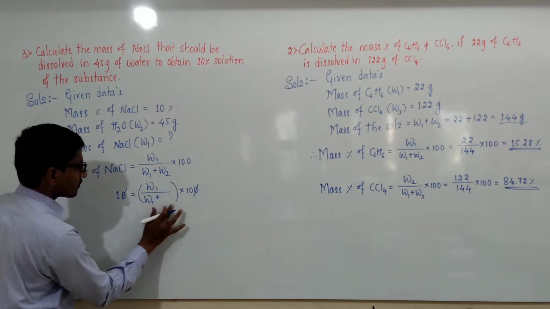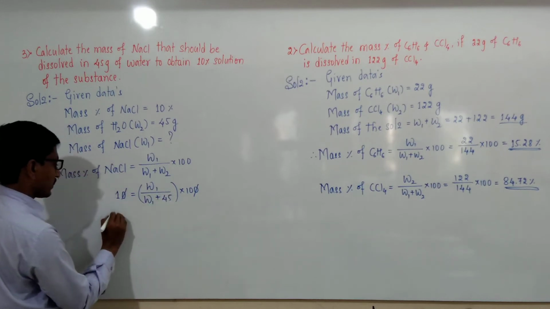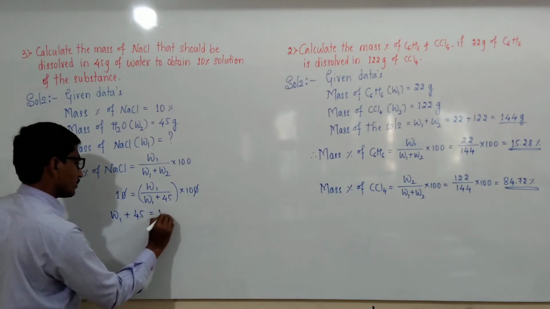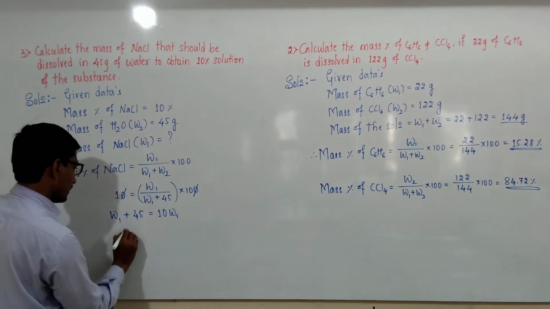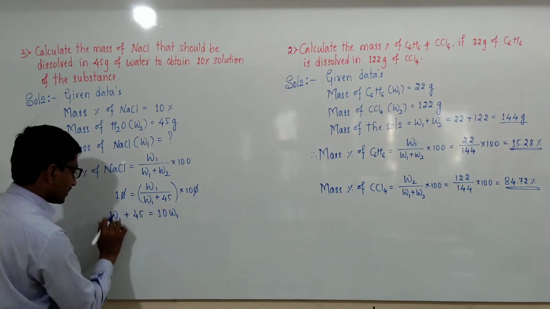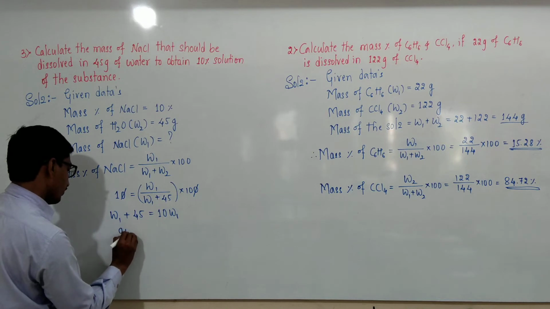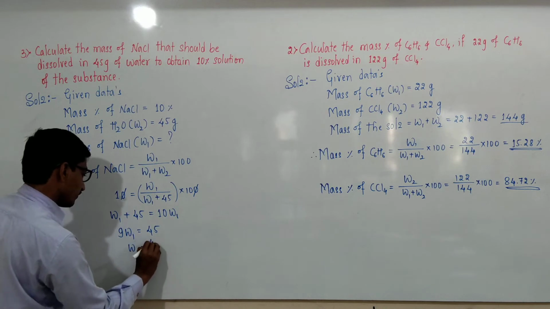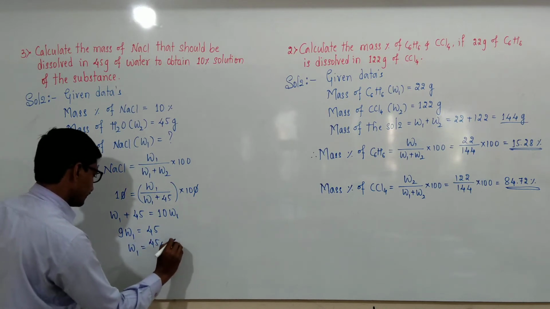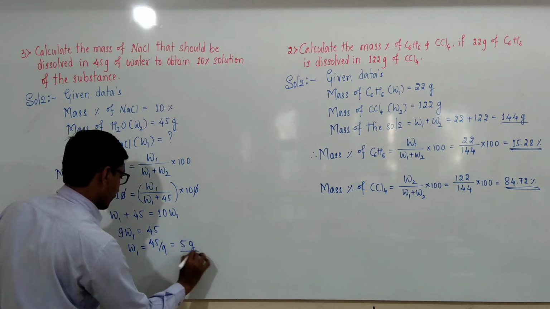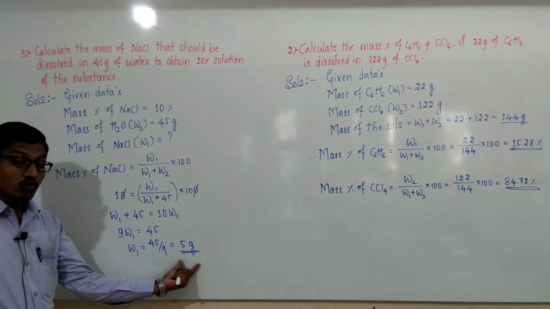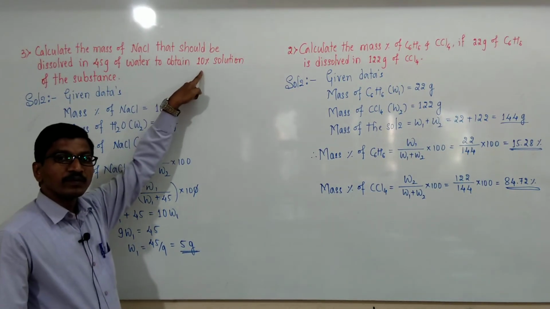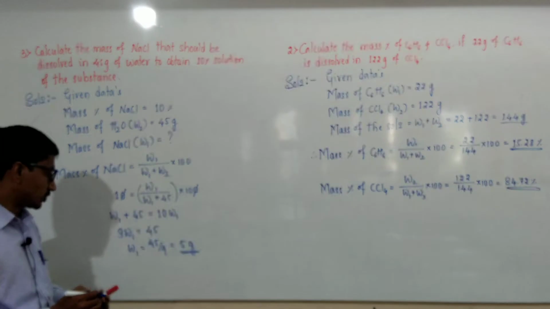This W2 is 45. W1 plus 45 is equal to 10 W1, and 10 W1 minus W1 is equal to 9 W1 is equal to 45. Therefore, W1 is equal to 45 by 9, which is equal to 5 gram. 5 gram of sodium chloride is dissolving in 45 gram of water to obtain 10% sodium chloride solution.